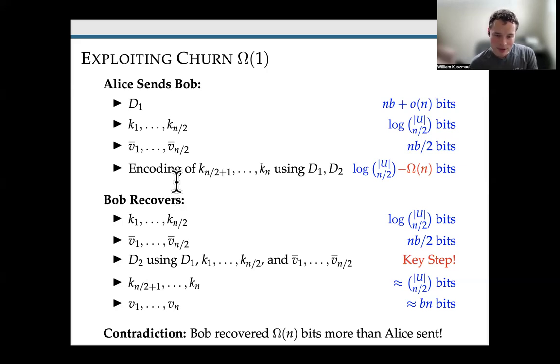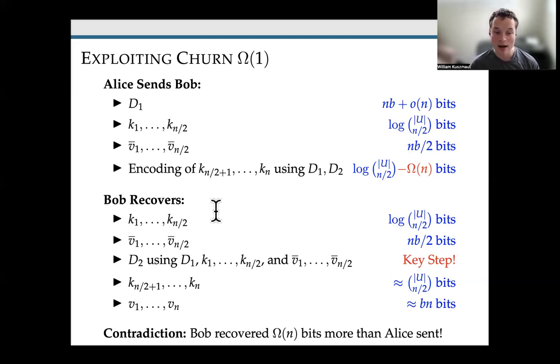And this puts us in a tricky position because remember, the way that Alice is encoding this half of the keys is in a way that depends on both D1 and D2. So Bob will only be able to decode these keys if Bob has access to both D1 and D2.